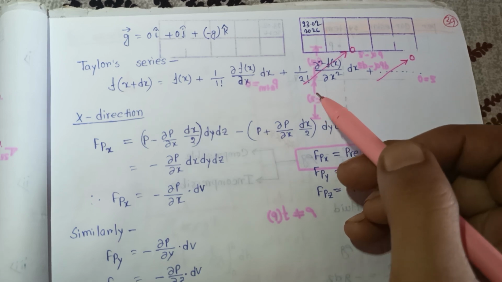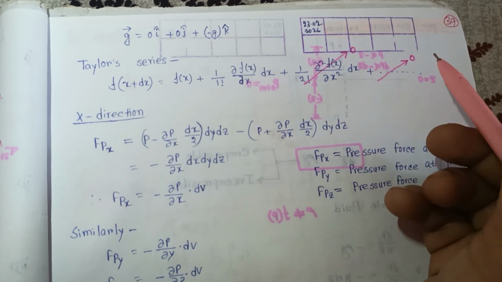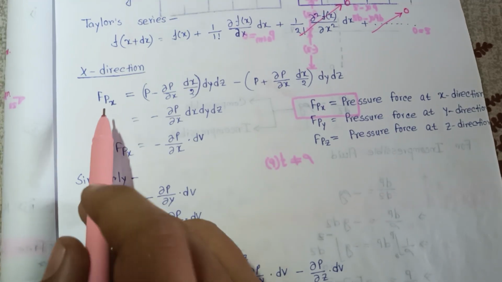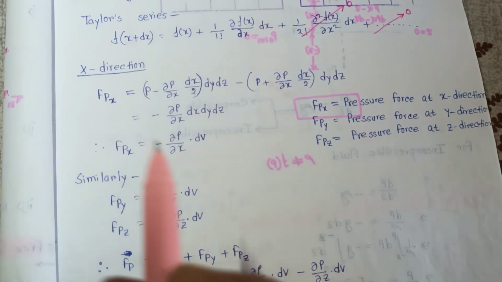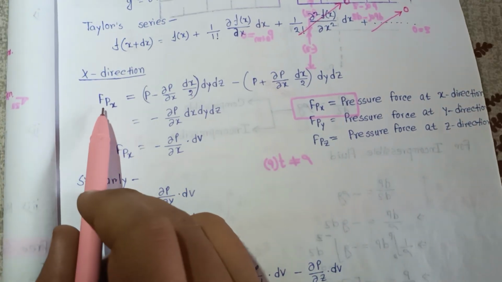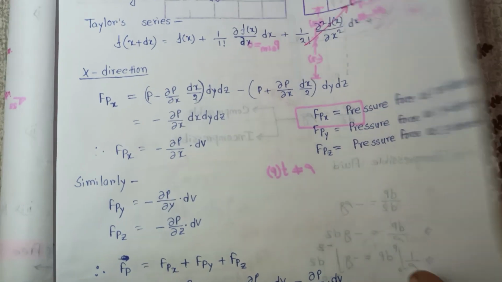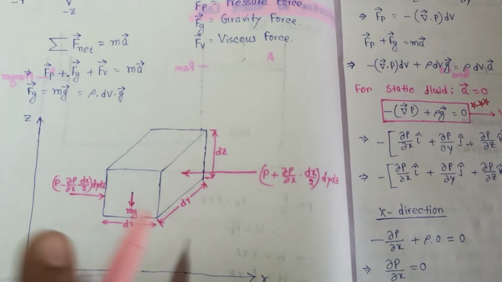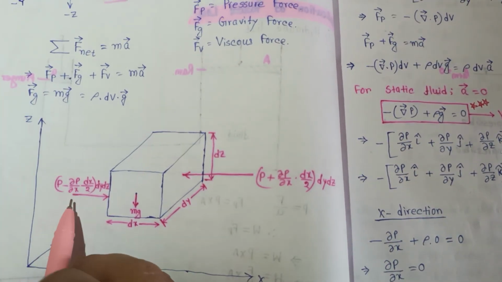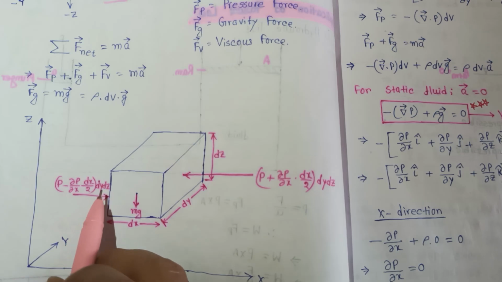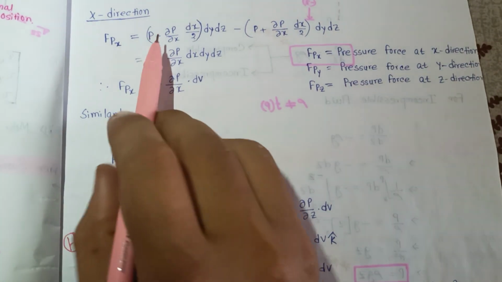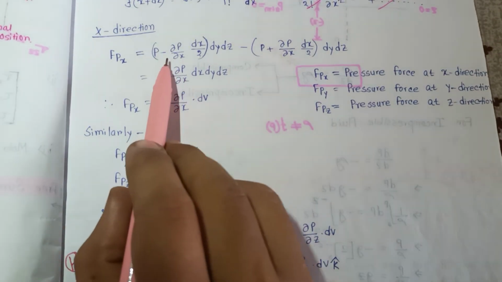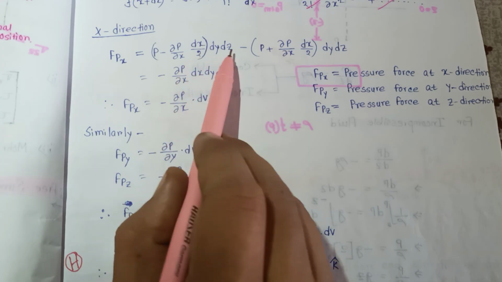So we neglect the higher order terms. For the x direction, if we want to calculate the pressure force, in the positive x direction, the pressure force is P minus del P by del x into dx by 2 into dy dz.